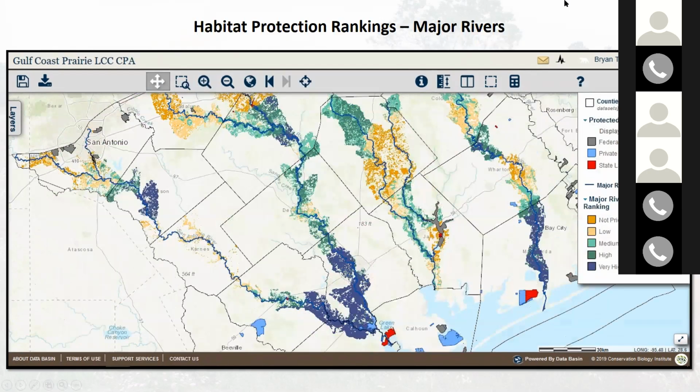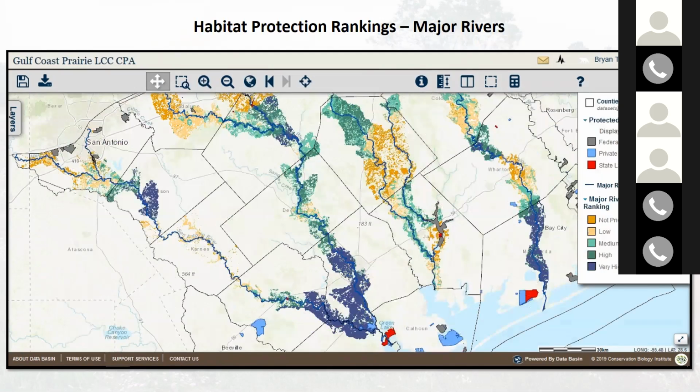So we take those ecological integrity ratings and they feed into our conservation action prioritization models. And one of those outputs is habitat protection ranking. This is basically just identifying land for acquisition or establishment of easements.